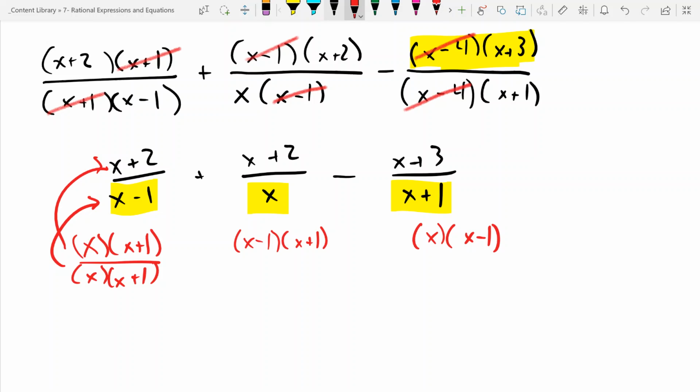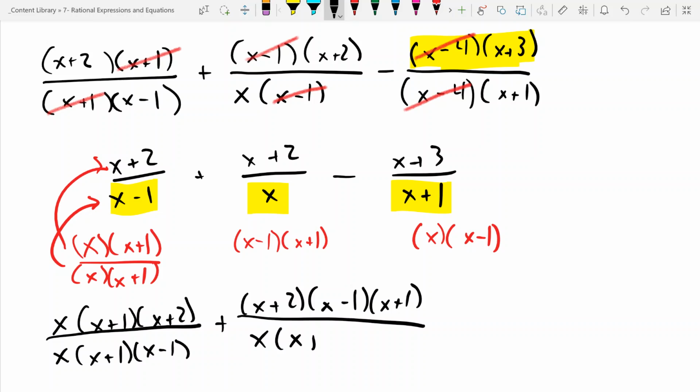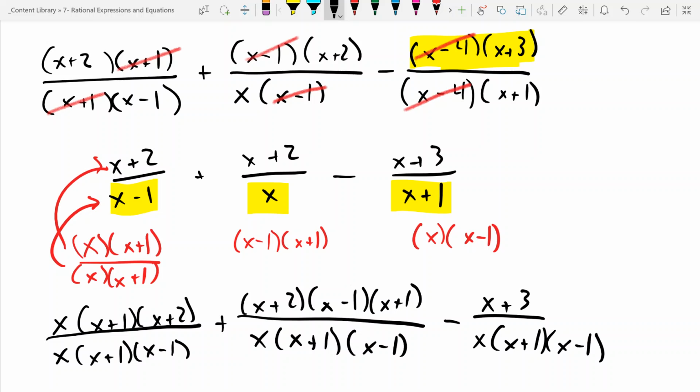Let's do a different color. All right, I wrote all my multiplication.